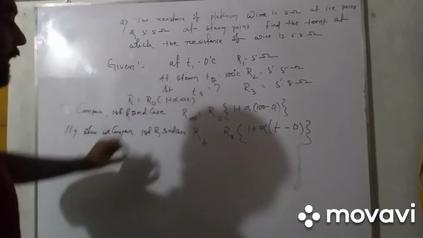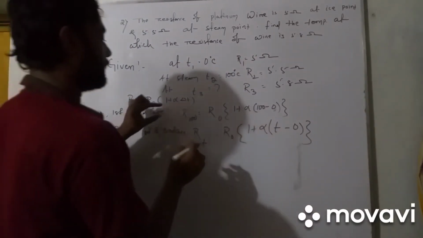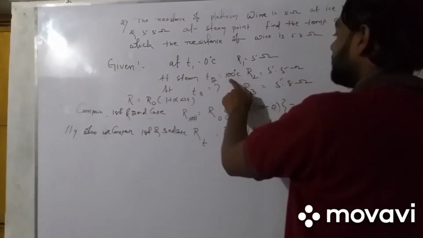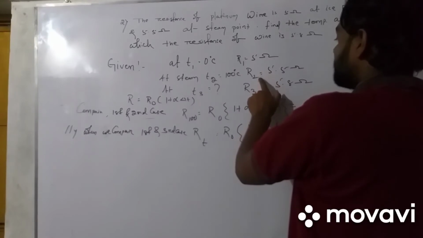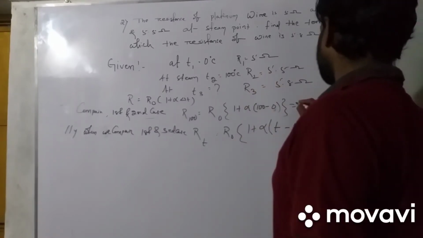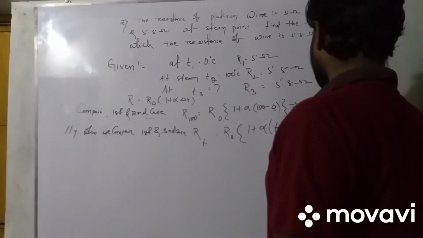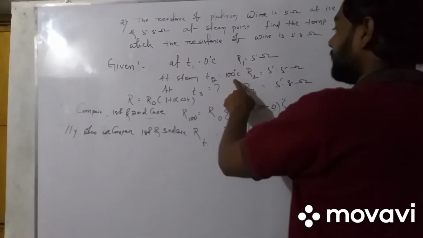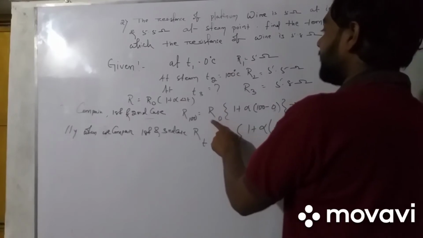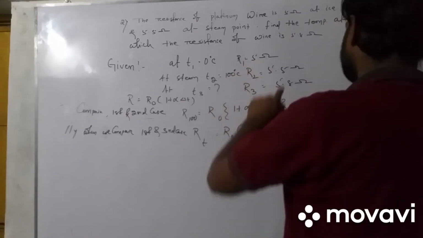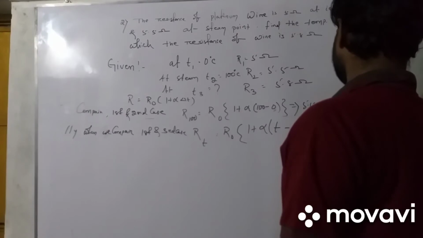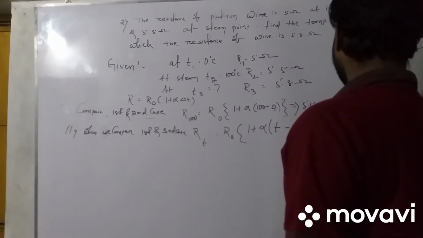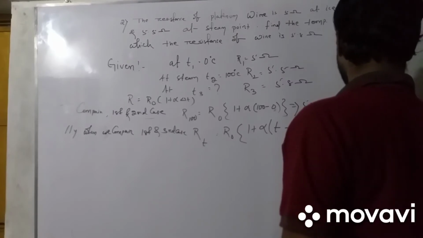Here, what does R100 mean? R100 can be represented as the resistance R2 at 100 degrees Celsius, how much was it, 5.5 ohm, which is equal to R0, at 0 degree centigrade R0 is 5 ohm, 5 into 1 plus alpha into 100 minus 0.